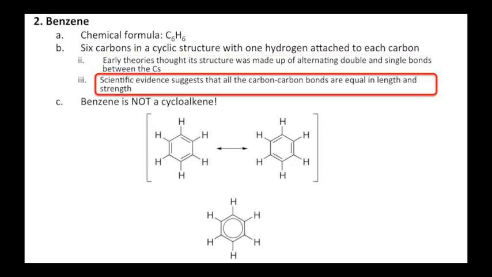Scientific evidence suggests that all the carbon-carbon bonds are equal in length and strength. So the evidence is telling us when we do tests. There's a test for double bonds, and I'll go into that test I think in another lesson, but basically we drop drops of bromine into a pool of benzene, and we think we would get an indication that double bonds are present, but we don't.